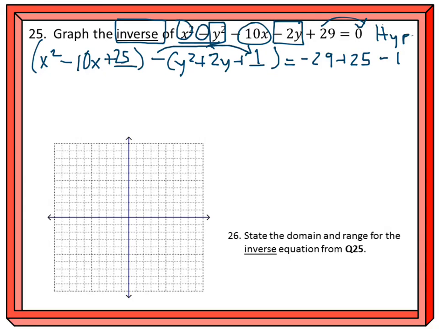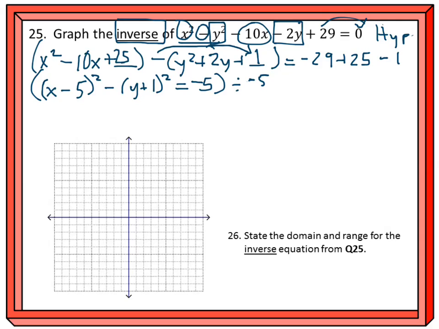Okay, so factoring here, I have x minus 5 squared minus y plus 1 squared is equal to, and here I have a negative 4 minus 1, which is a negative 5, and I'm going to have to divide everything by negative 5.